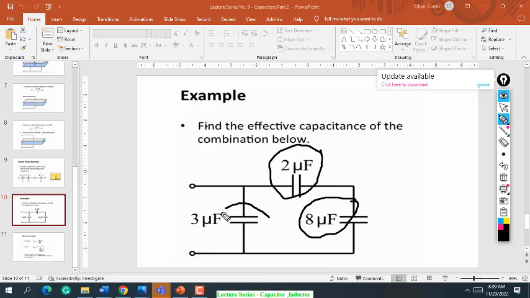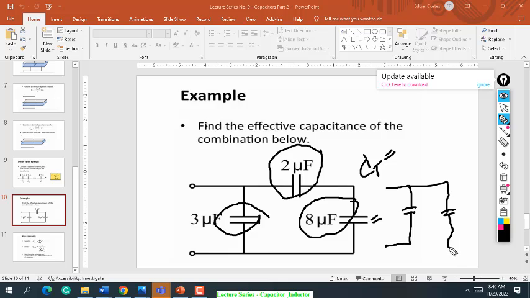Let's say the resultant of the 2 microfarad and 8 microfarad is CT, and then you just add the 3 microfarad, because that CT becomes the resultant of the combination of 2 and 8 microfarad.